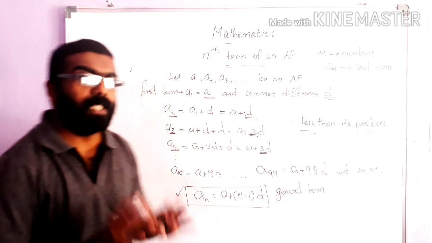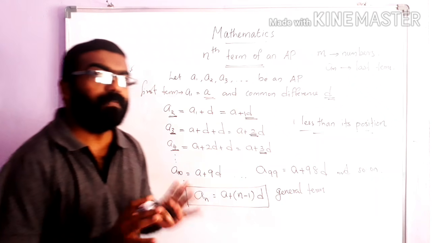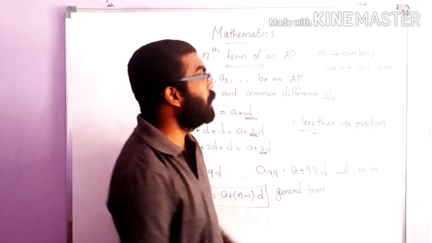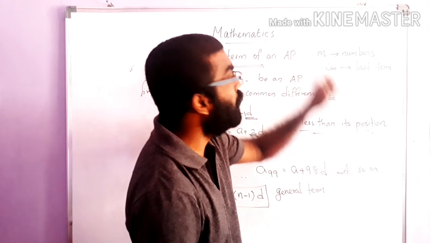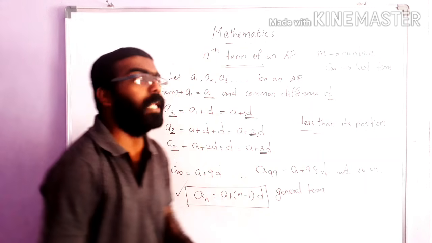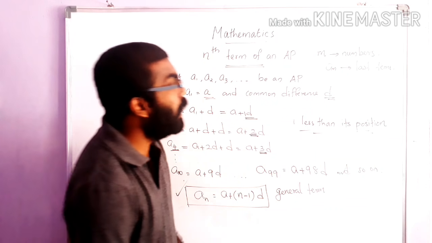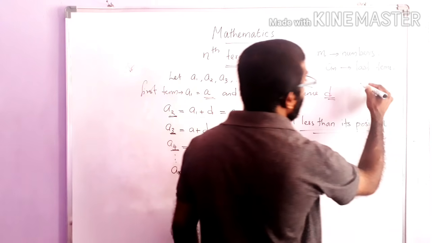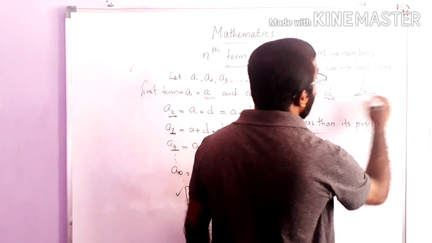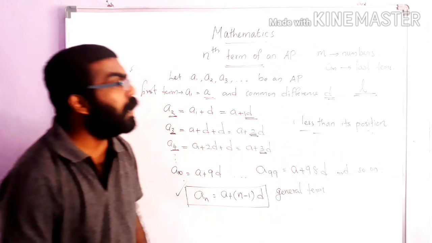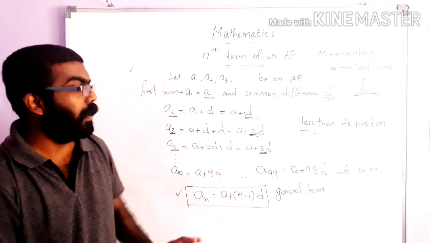If there are 50 numbers, then the 50th term will be the last term. Similarly, if there are m terms in an AP, then Am will be the last term, and in that situation we denote it by L. So the last term is also denoted by the letter L.